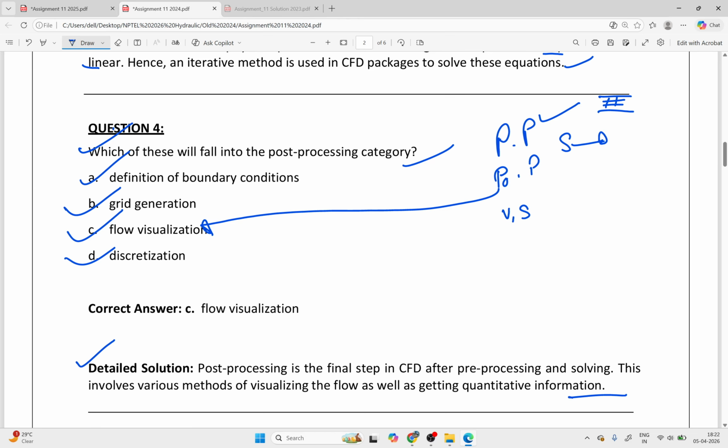Like if you try to see the velocity, you can see it in color format. Let us suppose this is your open channel, that is a 3D open channel.